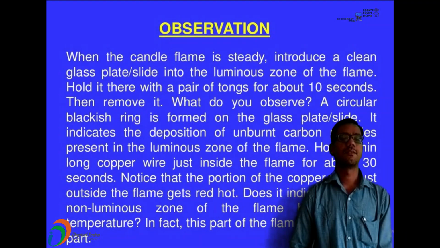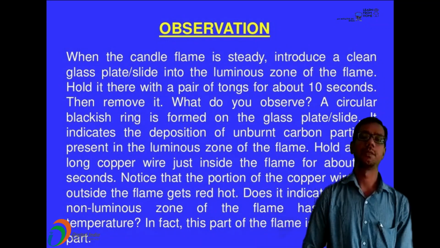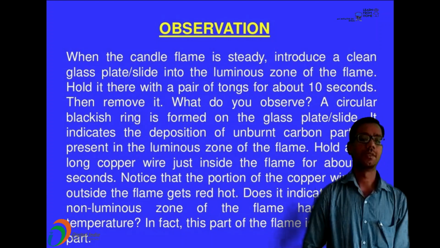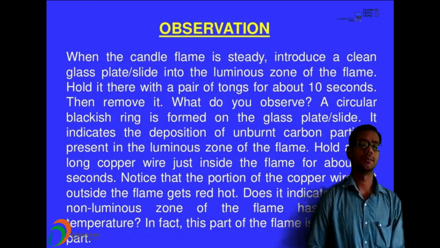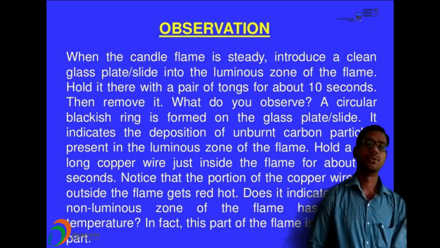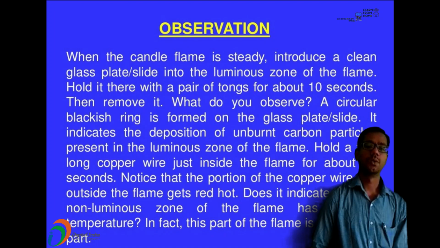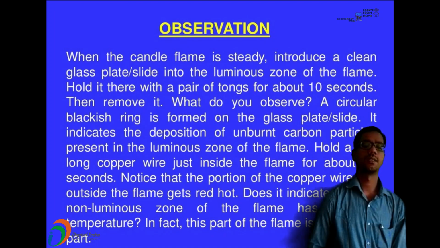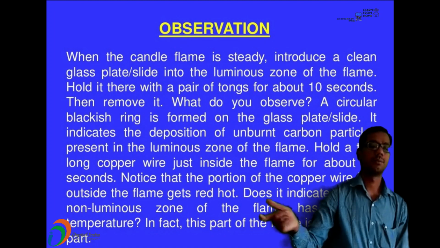Next part: when the candle flame is steady, meaning in a constant state, introduce a clean glass plate or slide into the luminous zone of the flame. Hold it there with a pair of tongs for about 10 seconds and then remove it.